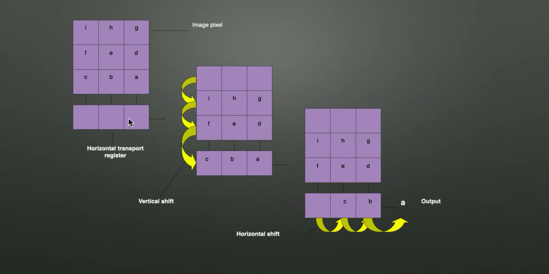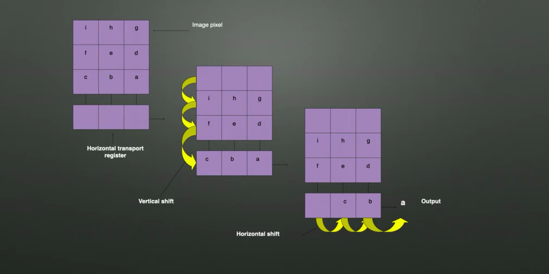So this is your line sensor. How does it actually capture the image? You have a horizontal sensor, and there will be a vertical shift. So this is the first movement. The sensor comes to the horizontal center, then you do a vertical shift, and then you have a horizontal shift. That means these intensity values get shifted over here, and the output comes over here. That is how you actually get a 2D image with a line sensor.